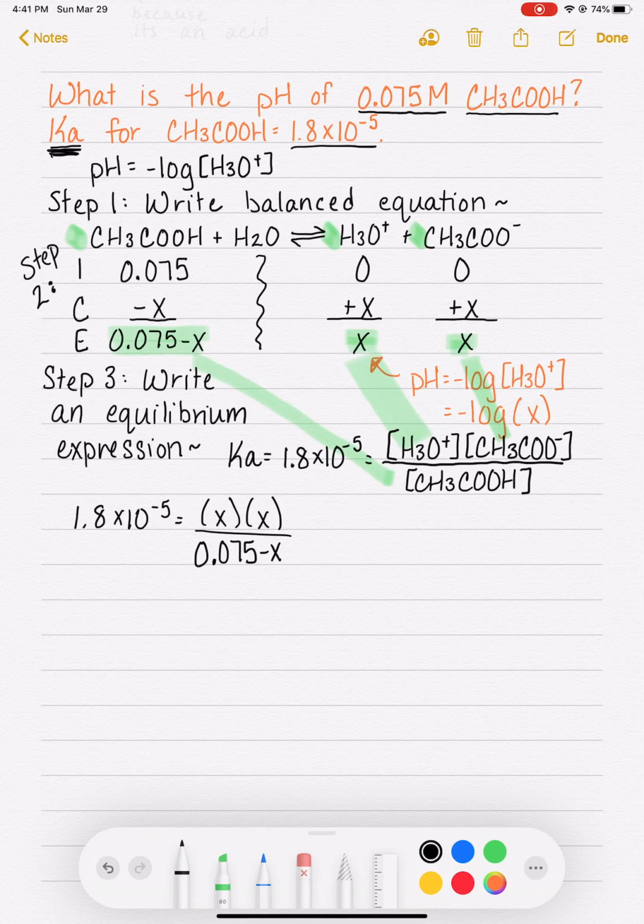So all we have to do is do some math here, simplify this, and solve this problem.